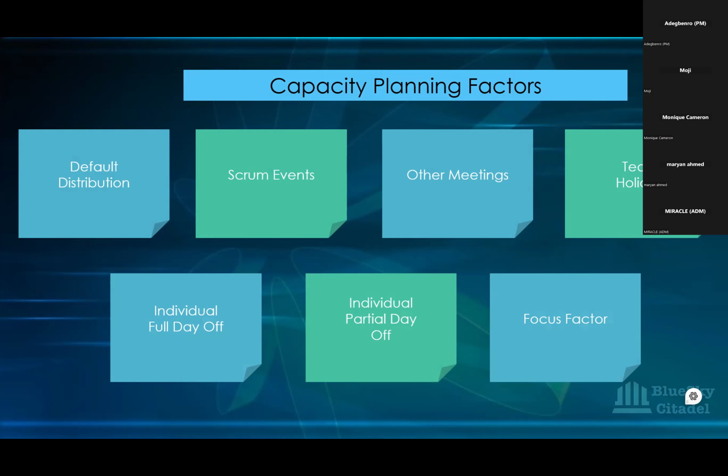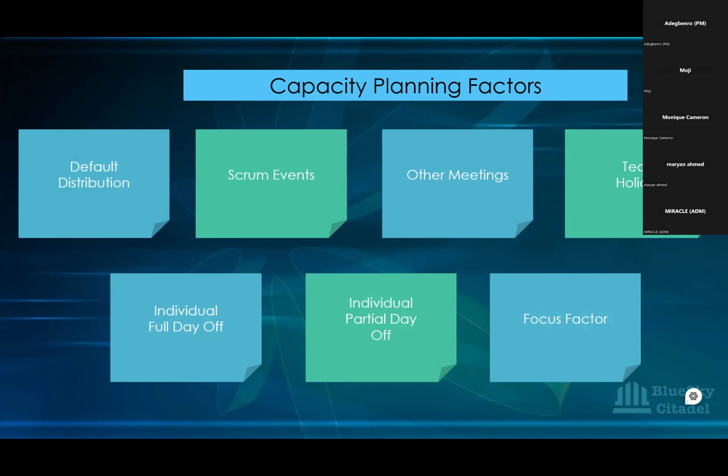Another factor that can affect the planning is the Scrum event time. The Scrum event time are the hours you spend for your Scrum ceremonies: sprint planning, daily Scrum, sprint review, sprint retrospective, sprint refinement, and all that. So they are not categorized as productive hours because the developer is not coding at that time.